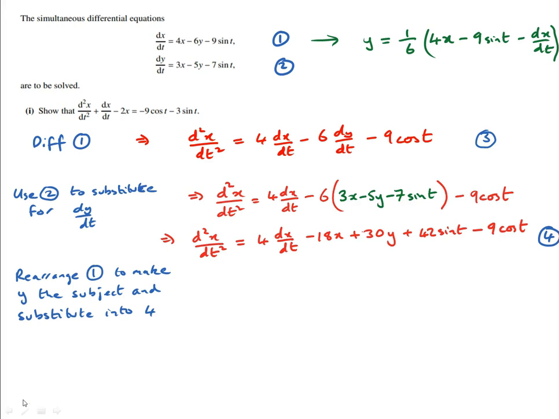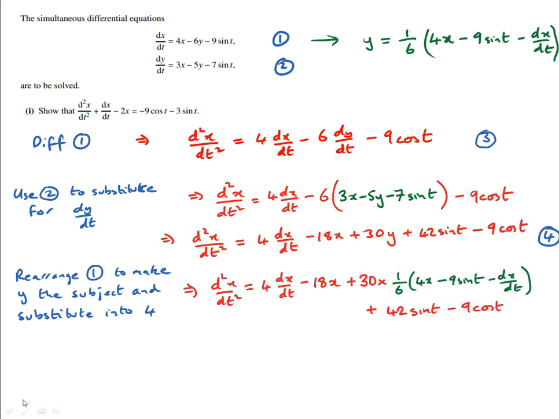So if I now substitute this into my equation 4, I've now got d2x by dt squared equals 4 dx by dt minus 18x plus 30 times 1/6 of (4x minus 9 sine t minus dx by dt), plus the 42 sine t minus the 9 cos t.